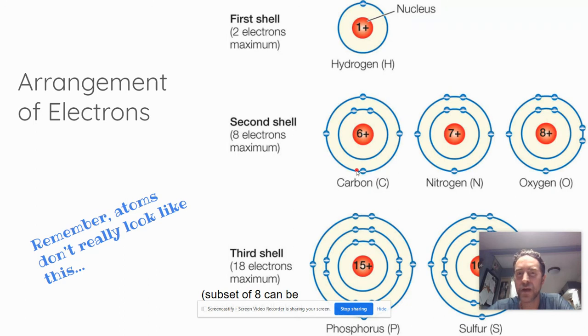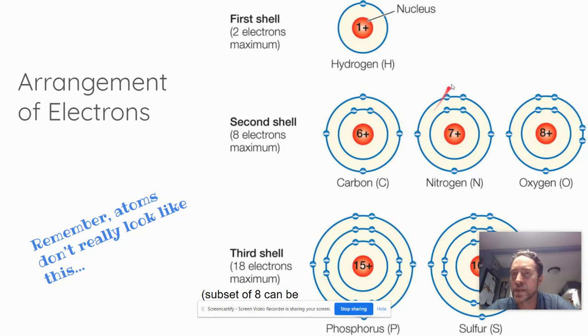Carbon's a funny one. It can either lose 4 or gain 4 to get a full outer shell. If it gains 4 more, it's going to have 8 on the outer shell. If it loses these 4, it gets rid of its outer shell and has a full outer shell with 2 electrons.